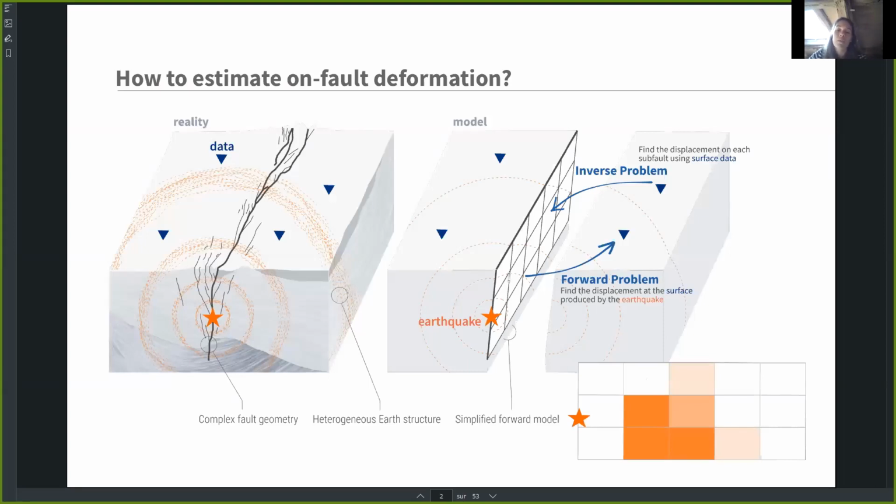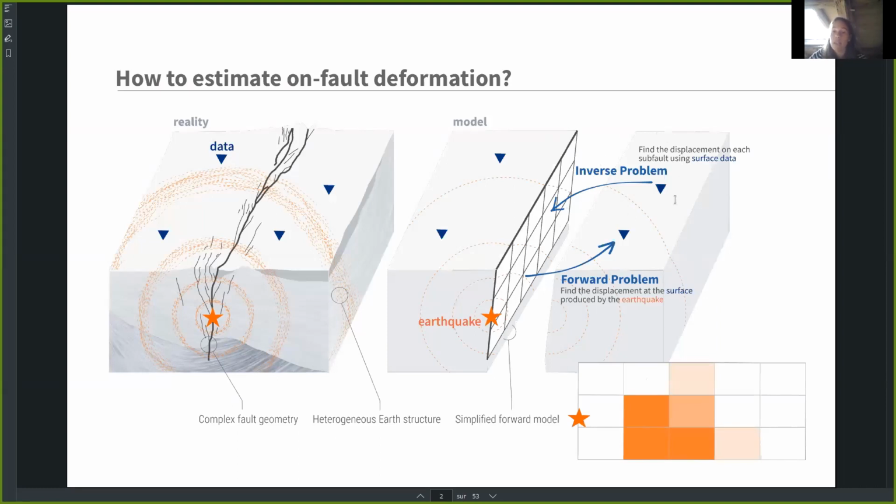The first step to estimate this deformation is to solve the forward problem. To do that, we look for the displacement at the surface that is produced by a small displacement on one of the subfaults. Once we have done that, we can solve the inverse problem. The idea to solve the inverse problem is to find the model that will explain the displacement that we observe at the surface.